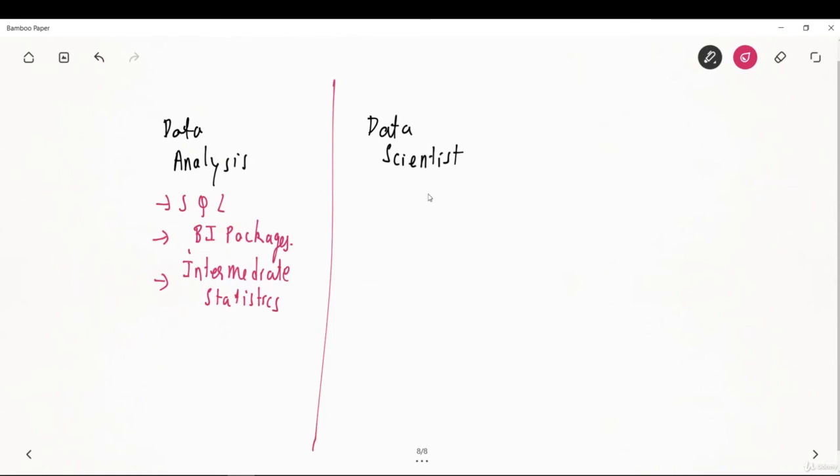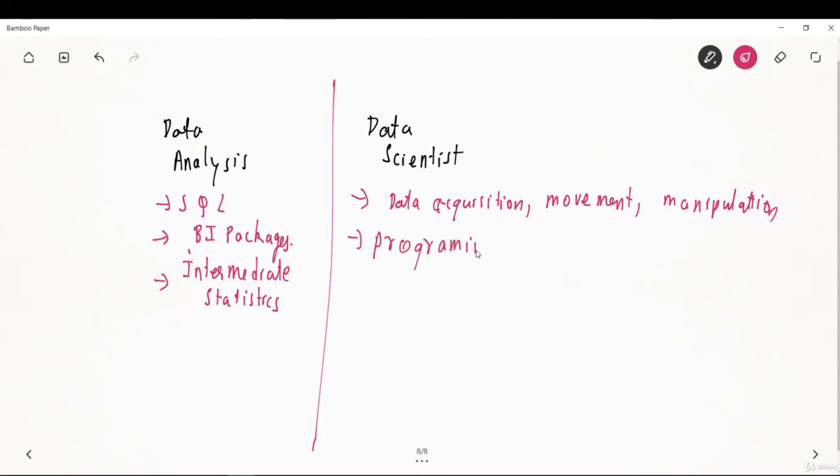But if you compare with a data scientist, they are more involved in data acquisition. They will get the data, do data movement and manipulation. Instead of SQL, they will be using complex programs. So they will be doing some programming. And instead of intermediate statistics, it will be some advanced statistics.